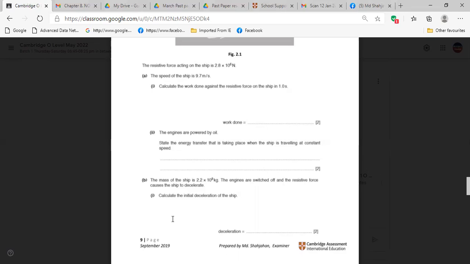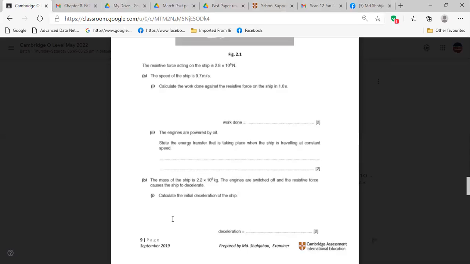Deceleration and acceleration are the same thing, right? So deceleration is negative acceleration. We will use the same formula we use for calculating acceleration. So we have here mass, and we are asked to find the acceleration or deceleration. Then which formula should we use? F equals ma, right?